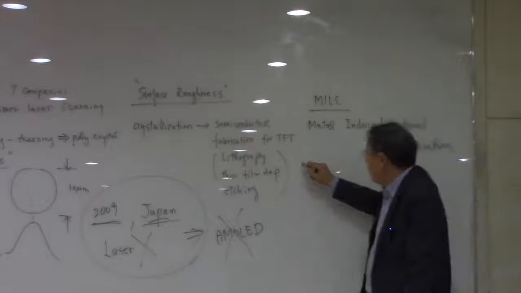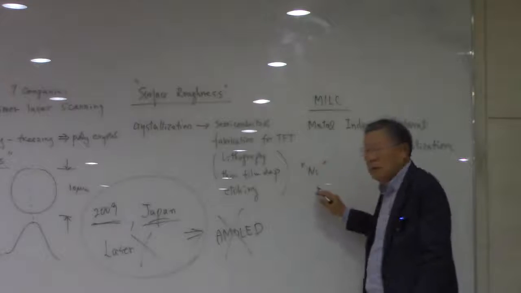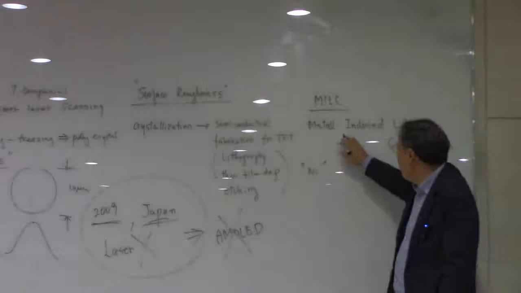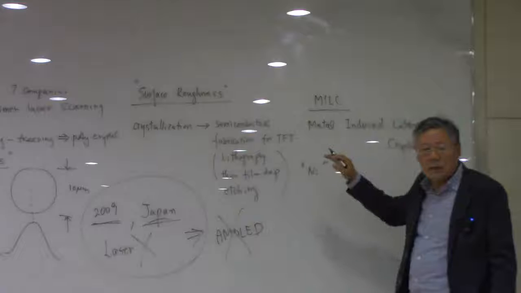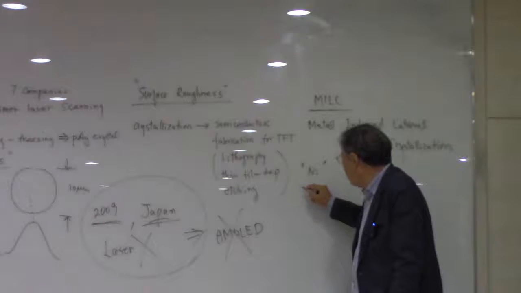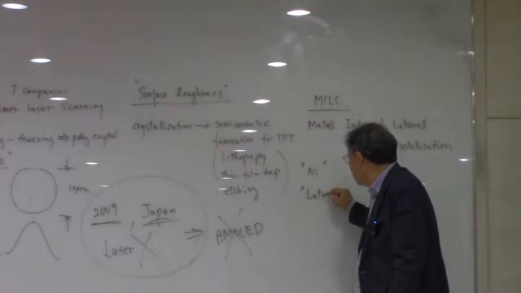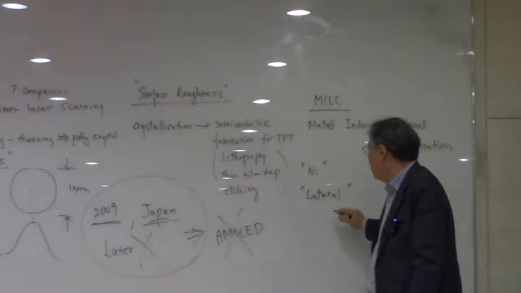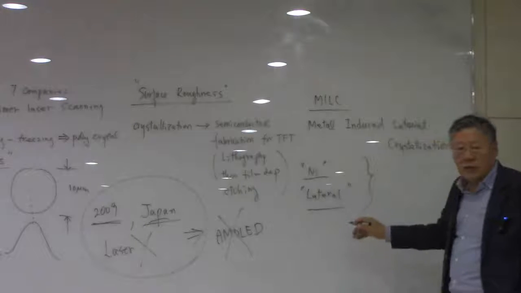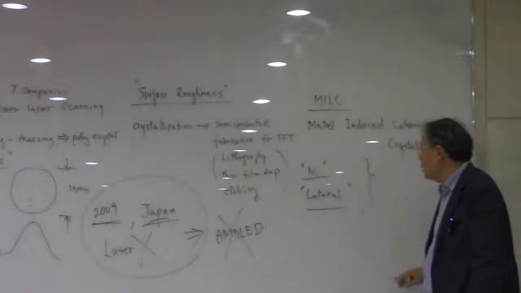It has to be nickel. I don't know why, but it has to be nickel for the crystallization inductor. And then we have to use the lateral crystallization. That is the characteristic of this technology. That is the uniqueness of this technology.